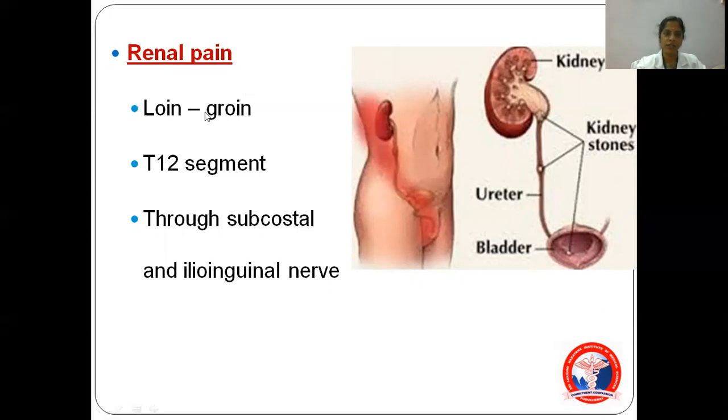The reason is the nerve segment, the T12 segment, that supplies. That is the subcostal and ilioinguinal nerves, which we already know. In the posterior abdominal wall, we have the subcostal and ilioinguinal nerves. Mostly it will be stones. Renal stones are a common thing you can see. So that pain will be referred from the loin to the groin.